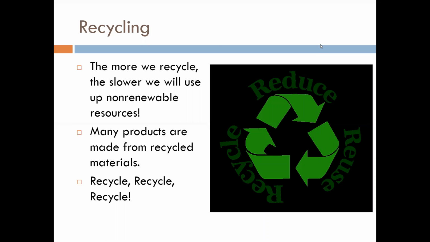The last thing our book talks about a little bit is recycling. And basically talking about how we can slow our use of non-renewable resources. Okay, so the more we recycle, the more we slow that process of using up our non-renewable resources. Okay. If you look at a lot of the different things that you use, okay, many products are made from recycled materials.